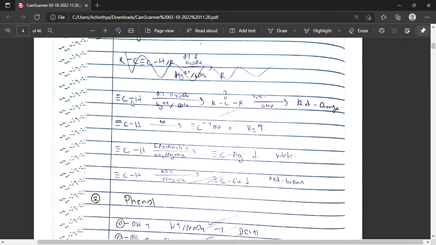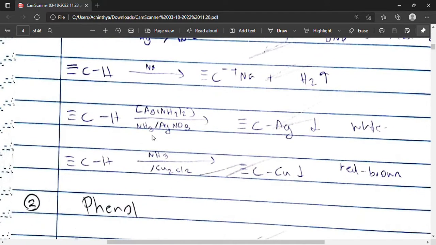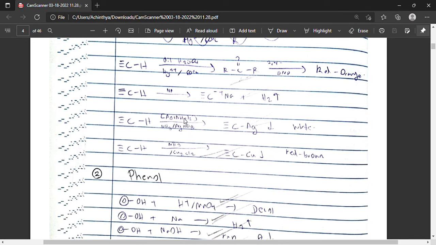These reactions, however, these last three ones are unique for terminal alkynes only. This can be a non-terminal alkyne as well. This thing, Ag(NH3)2 twice, or NH3/AgNO3 ammoniacal silver nitrate, is what you would call Tollens reagent.